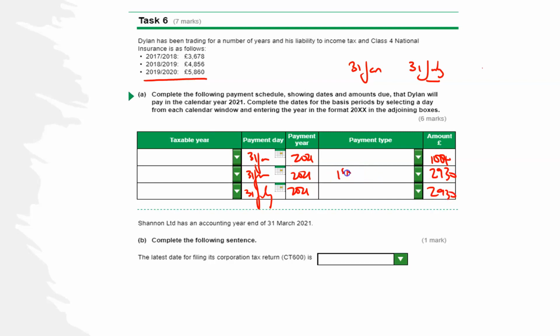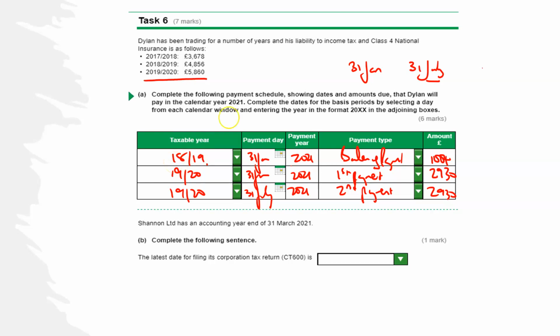So this is the first payment, second payment. This is the balancing payment. Balancing payment. And of course, this is taxable year 1920. Taxable year 1920, balancing payment.